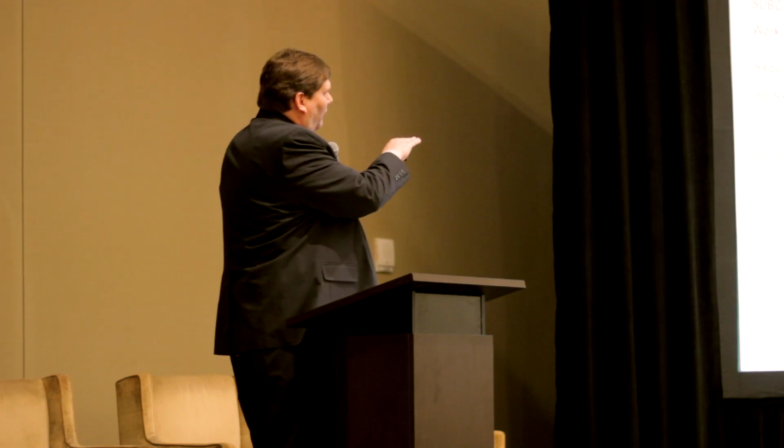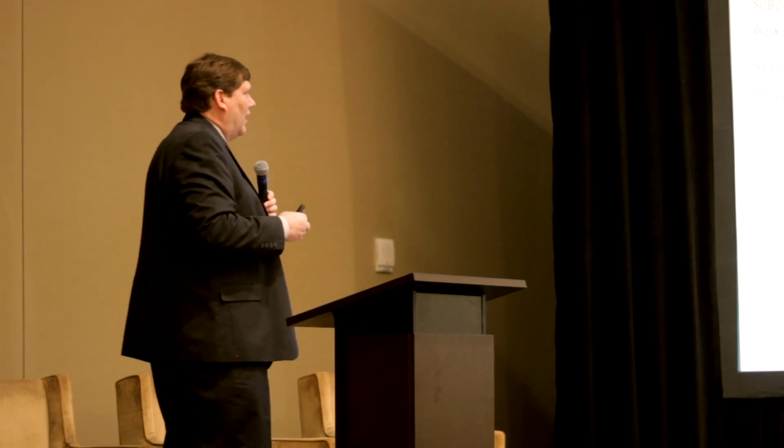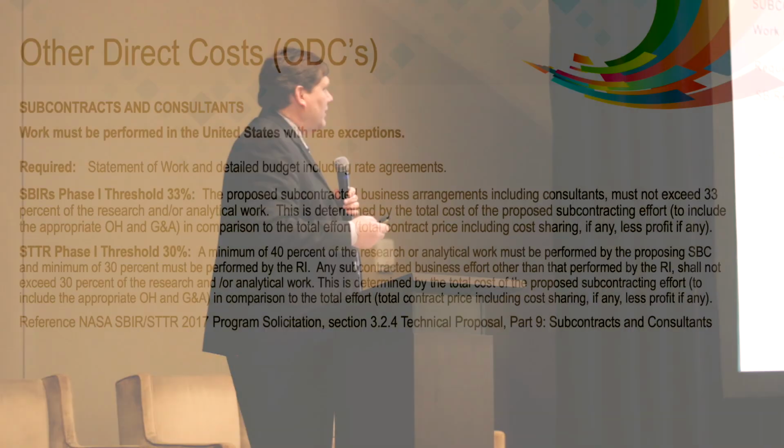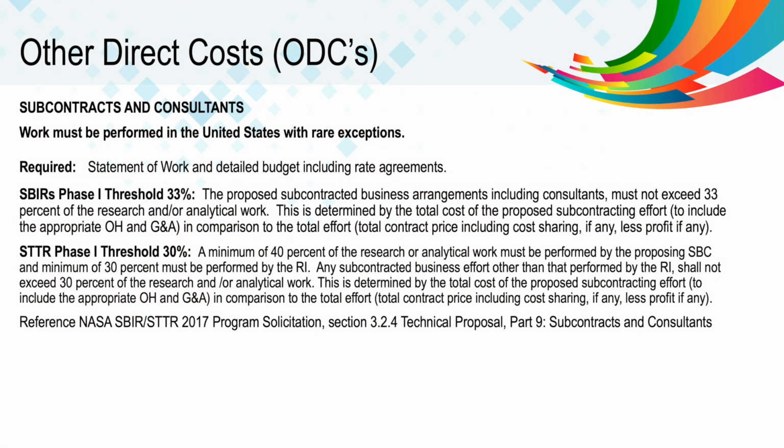Just be mindful of the thresholds. This is from the SBA policy directive, which gives out certain thresholds for what you can subcontract out. For Phase Ones, that's 33%, with the firm required to complete at least 67% of the work.